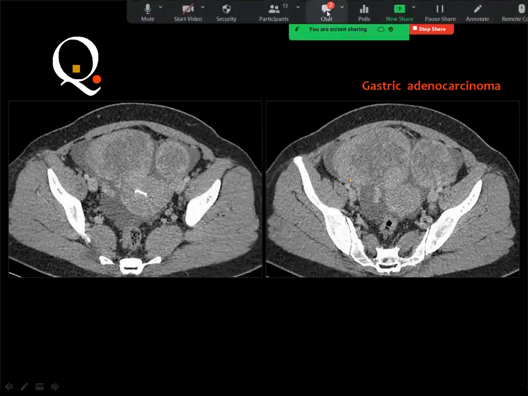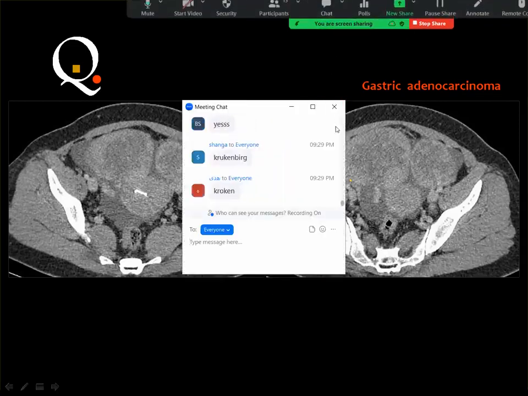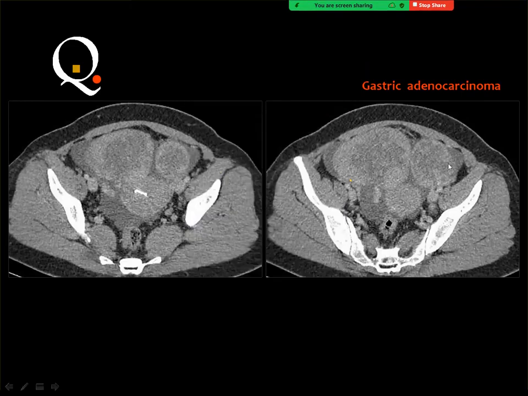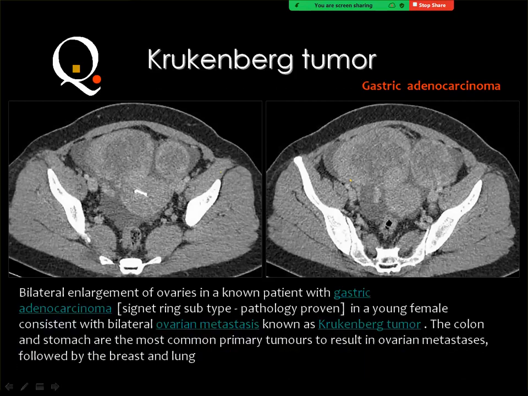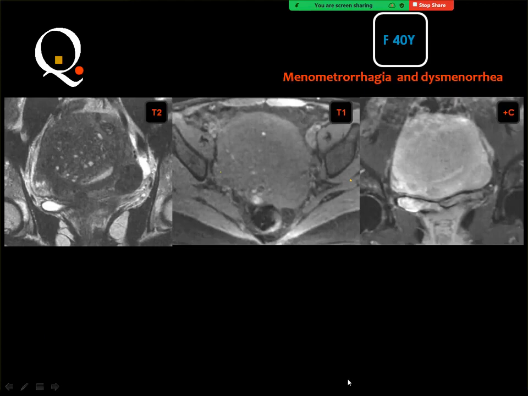Krukenberg tumor, and these are metastatic deposits in the ovaries. This is the uterus with a contraceptive device, and these are the two ovarian masses with ascites in the presence of gastric carcinoma. And you think that these are metastatic tumors to the ovary, which are known as Krukenberg tumors.